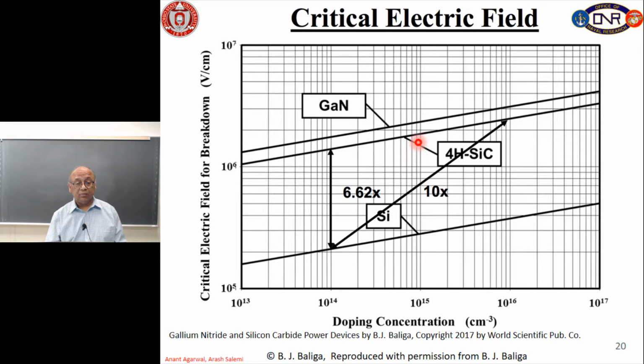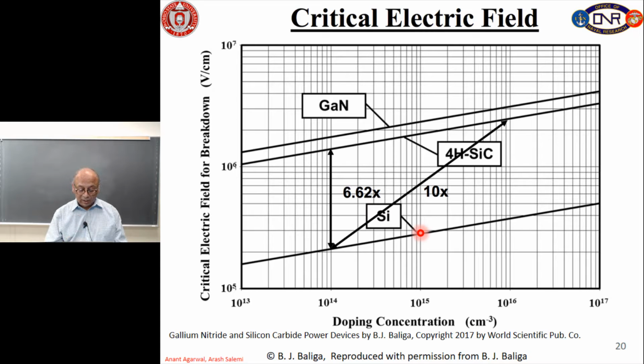We see that, sorry, not mobility, the critical breakdown field for silicon carbide is slightly below 2 megavolt per centimeter. So that's quite a bit higher than silicon, which is 0.2 megavolt per centimeter.